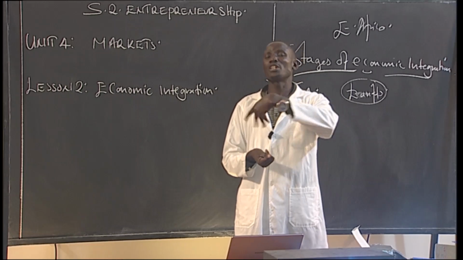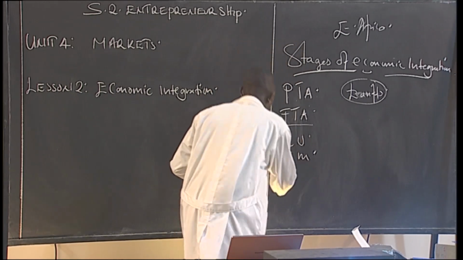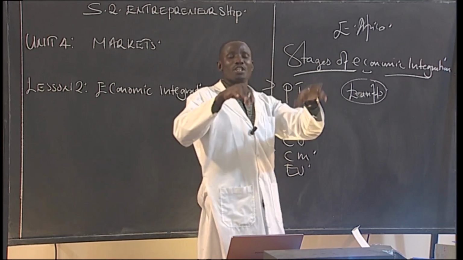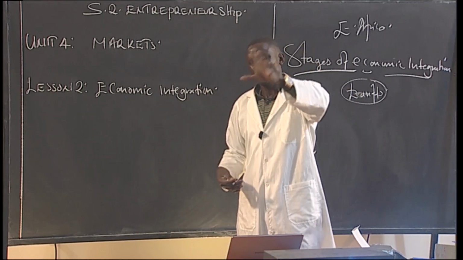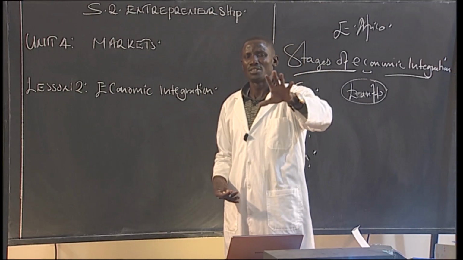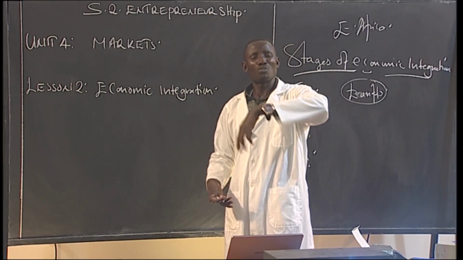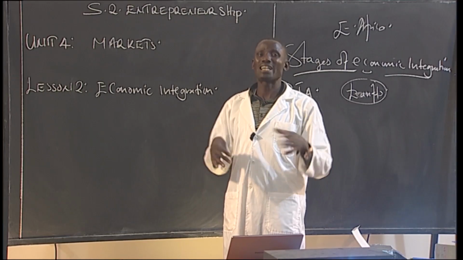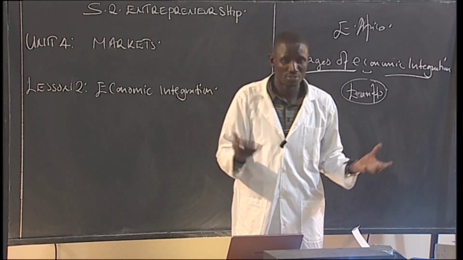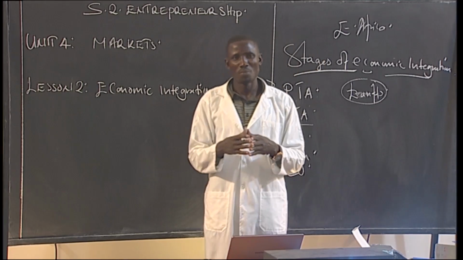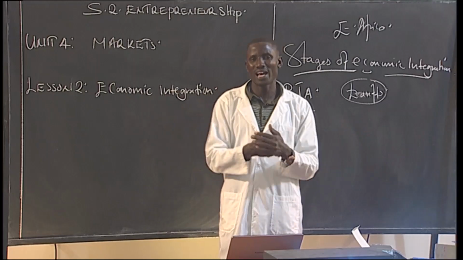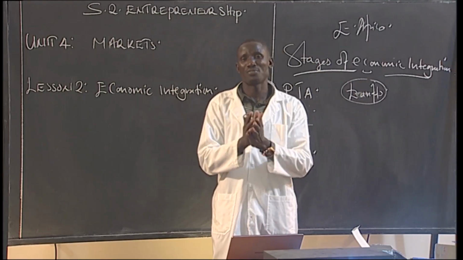In economic union, EU, they allow commodities to move freely from one member country to another, and other factors of production, like people. People are also free to move from one place to another, the way we are in East Africa.